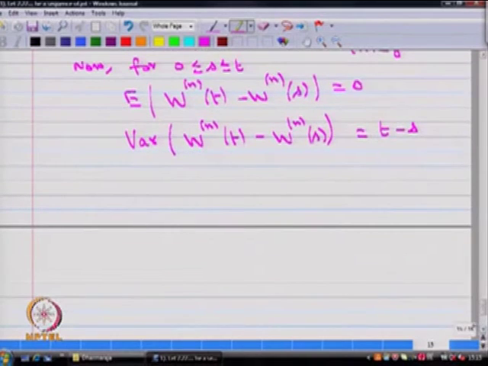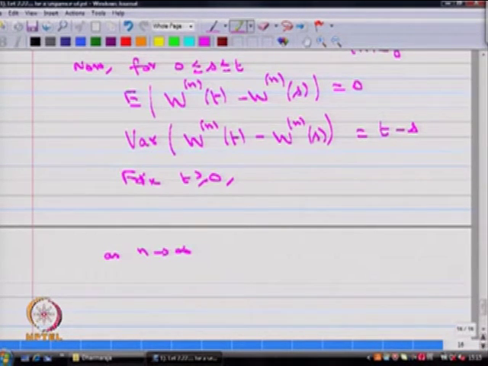By using mean and variance for fixed t greater than or equal to 0 as n tends to infinity, we can conclude Wn of t tends to a random variable X, and this convergence takes place in distribution.